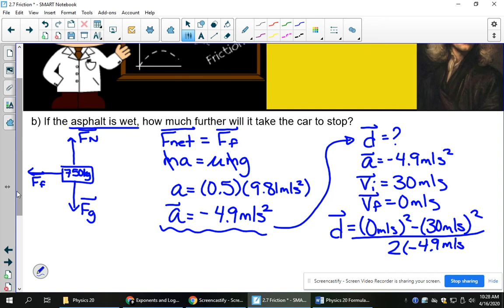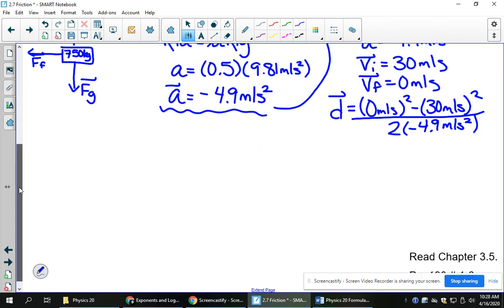Still using the entire number from my calculator, negative 4.905. And in this case, I'm getting it to be 92 meters. So this question will show us that even just a little bit of rain makes the stopping distance quite a bit more than it is in good weather.